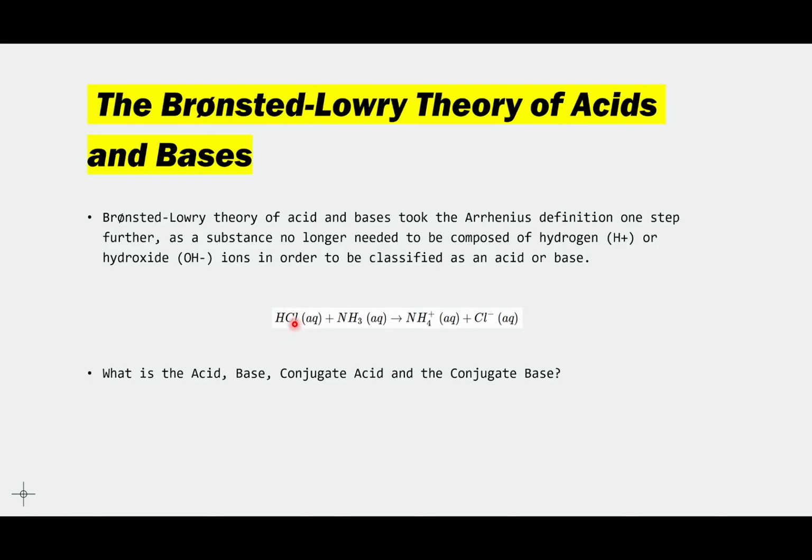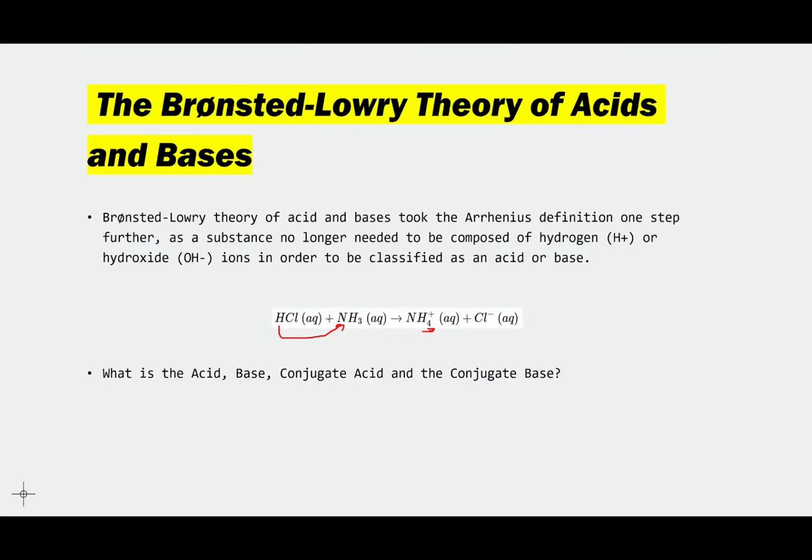So in this case, the HCl would donate its proton to the ammonia. The ammonia now moves from NH3 to NH4, showing that it is increasing the number of protons on the molecule and gains a positive charge. So we know that there.